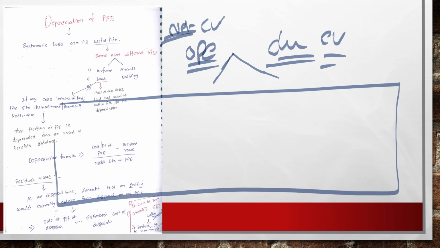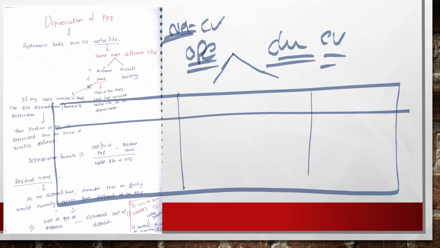Say suppose this is a table, the parts are like this, and then you have to identify the gross value, accumulated depreciation, and carrying value or net value of PPE.